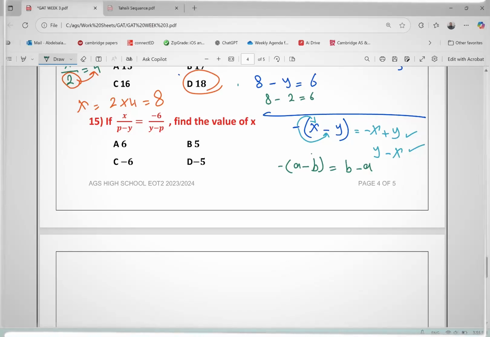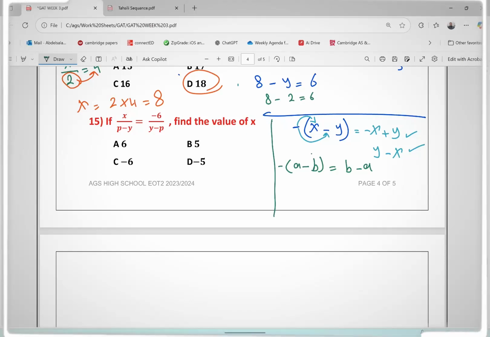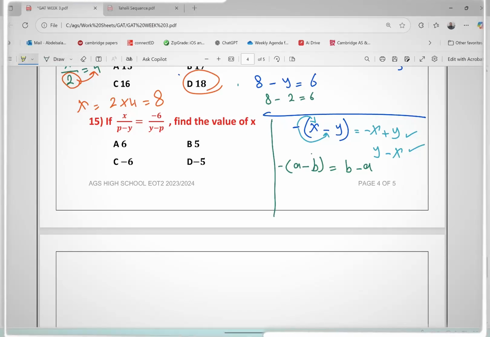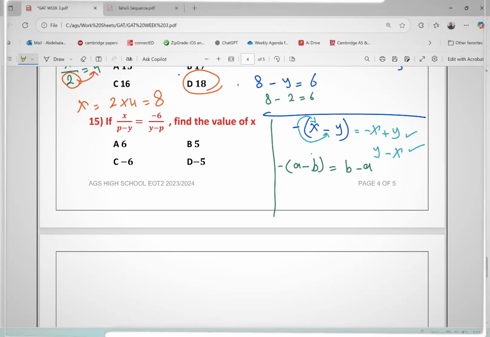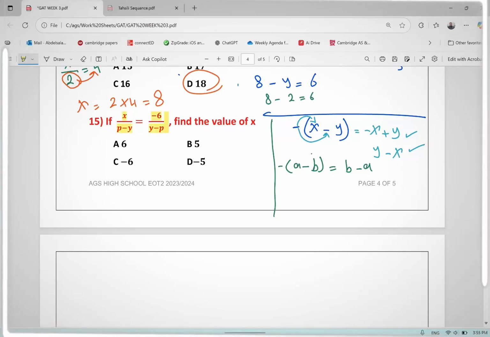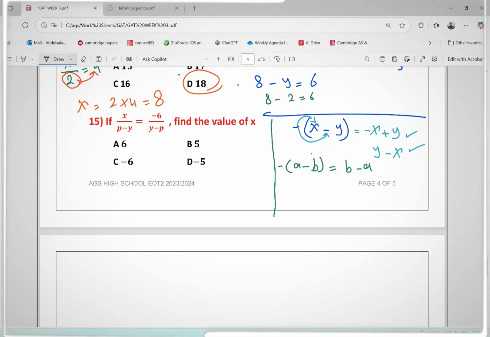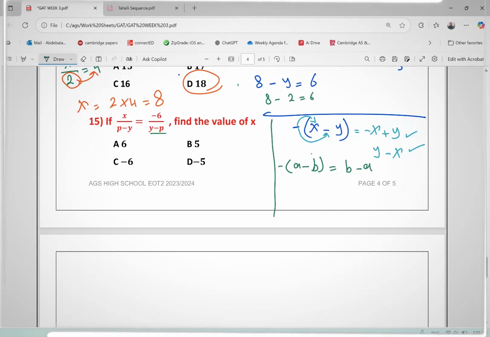Why am I explaining this property? Because we're going to use it here. Because here we should have the same denominator. Here I have p minus y. Can I change this one to b minus y? Yes, you can.